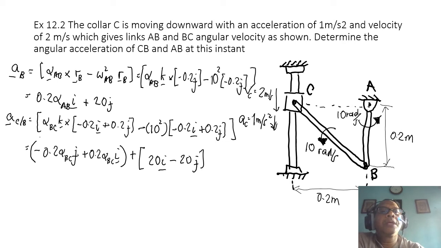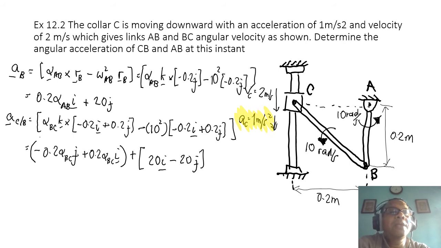So we now can arrange all this equation, and we know that AC is minus 1 meter per second square. So we can write down this whole equation.